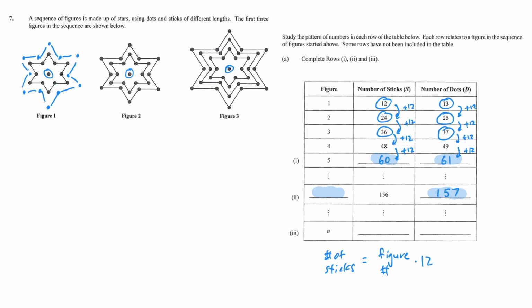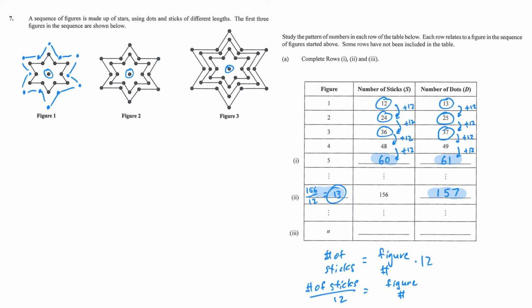So if I take my equation here and divide by 12 on both sides, I get that my figure number is equal to the number of sticks divided by 12. So in my table, the figure number for 156 sticks would be 156 divided by 12, which gives us 13. So that's the figure number.